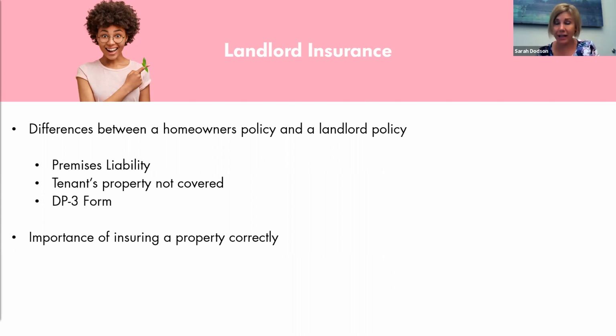So they're not living in that property. They are renting it out to another person who is residing in that home or condo or apartment. It includes premises liability. The tenant's property is not covered, and it's written on what is called a DP3 form.